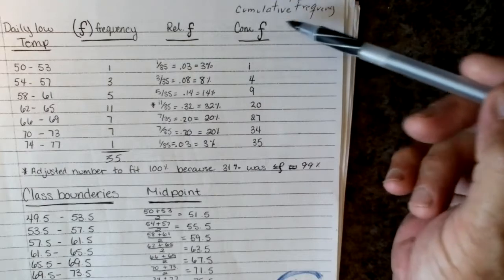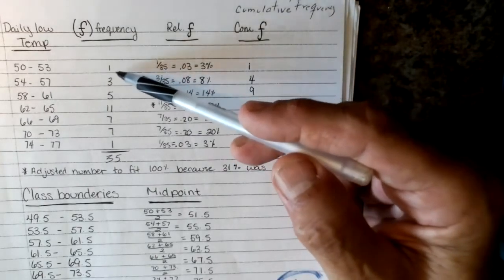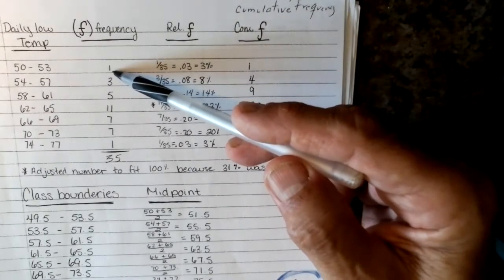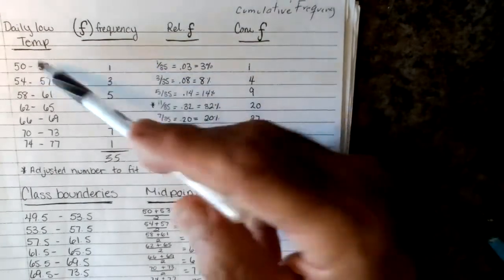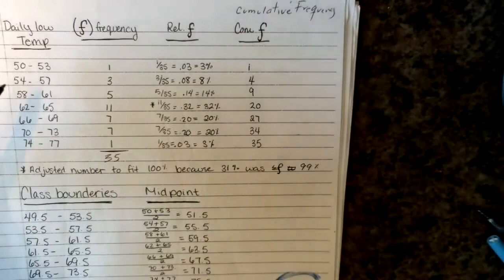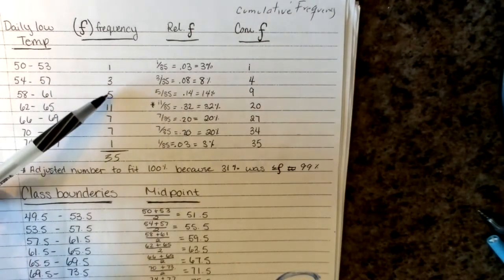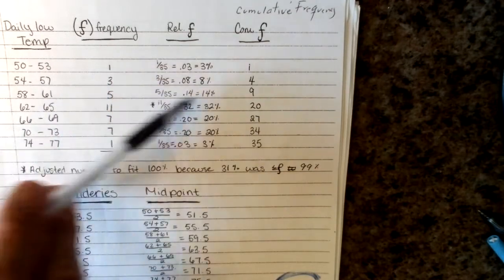And this is a cumulative frequency. What is cumulative frequency? You keep adding. Look, the first frequency is 1. How many numbers are from 50 to 57? 3 plus 1 is 4. How many numbers are between 50 to 61? You add this. 5, 3 is 8, and 1 is 9.